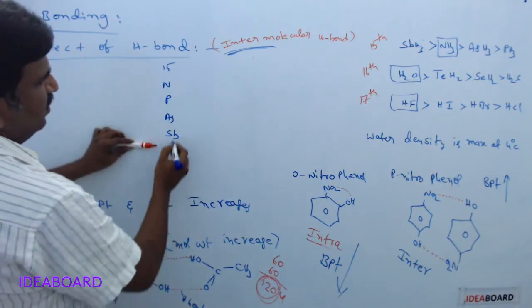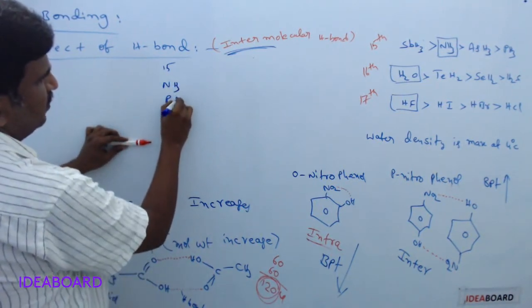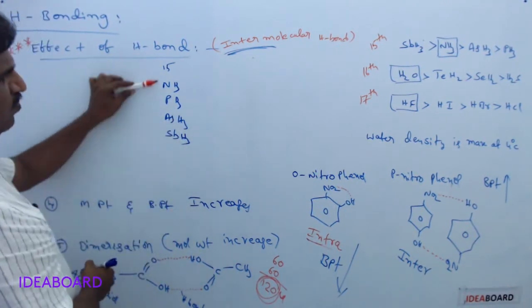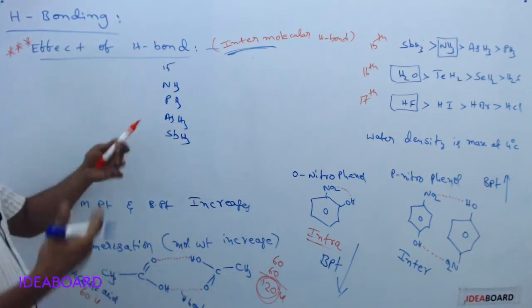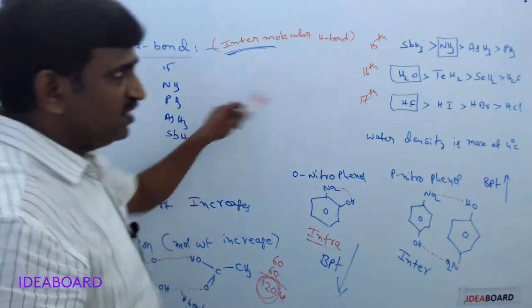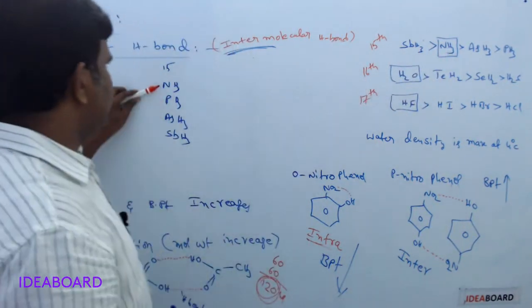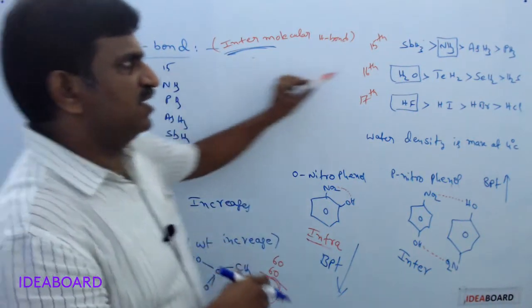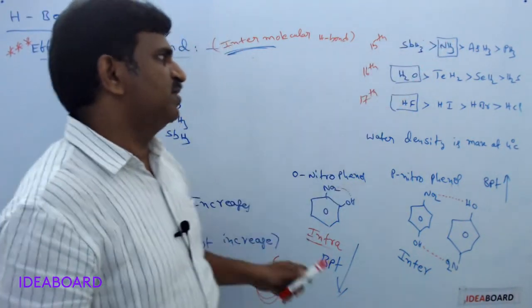So nitrogen to antimony: NH3, PH3, AsH3, SbH3. Molecular weight increases, boiling points increase. But here NH3 is a smaller molecule with less molecular weight, but it has a high boiling point.